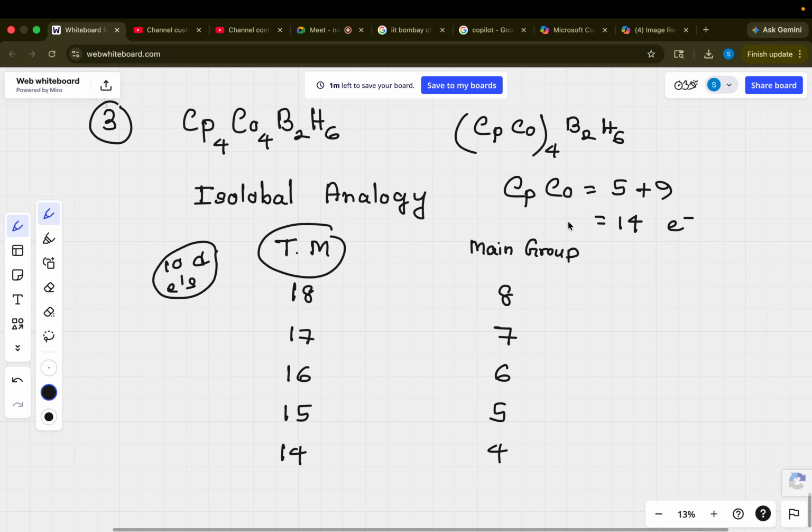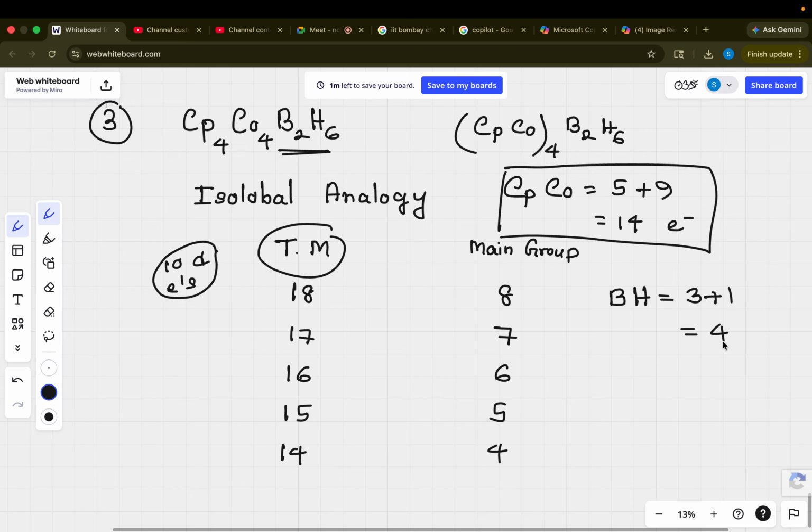So now if you see here, you have CpCO, right? So 5 plus 9, I am getting 14 electrons. So now can you tell me what you can compare it with? Main group you have to consider. We are doing boron derivatives, right? So if you consider BH, the valence electron of boron is 3, and for hydrogen it is 1.